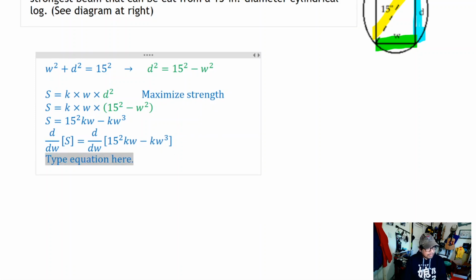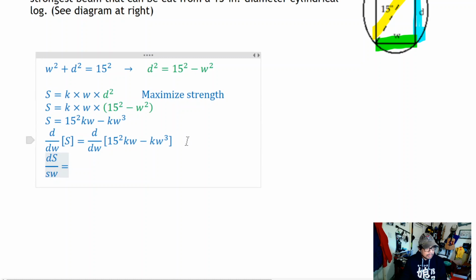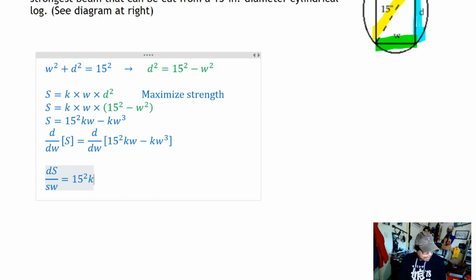The derivative of S with respect to W is just dS/dW, and that's going to be equal to, okay, 15 squared is not a W, K is also not a W, so those both act as a constant with respect to W, and the derivative of a constant times W is just the constant. So we've got 15 squared K, and then now we just need to take the derivative of kW cubed.